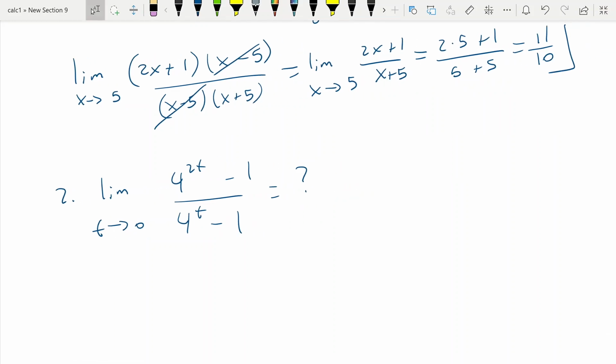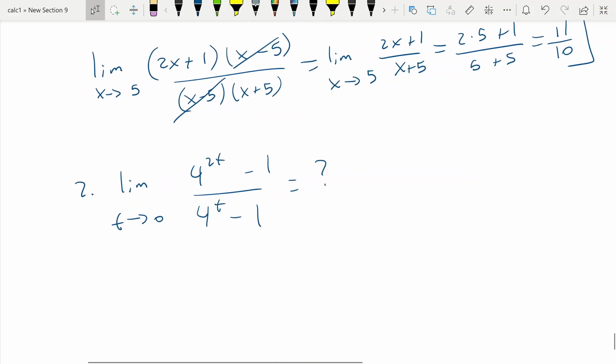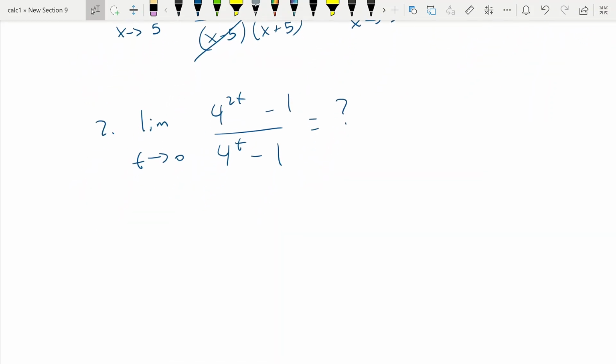So 1 minus 1 is 0 on the top, and 1 minus 1 is 0 on the bottom. But to compute this limit, we can still do the same thing. We just note that 4 to the 2t is the same as (4 to the t) squared, so we have (4 to the t squared minus 1) over (4 to the t minus 1).